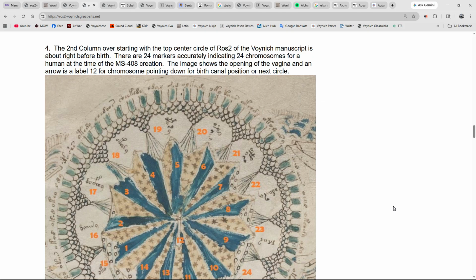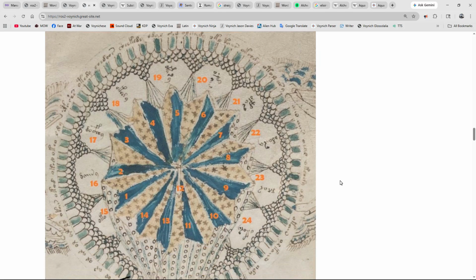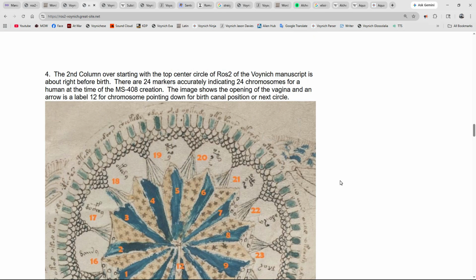The second column, we're starting with the top center circle, Ros2. 24 symbols represents the old theory of chromosomes, 24 chromosomes. That was during Wilfred Voynich's time in the early 20th century, during the MS 408 creation.